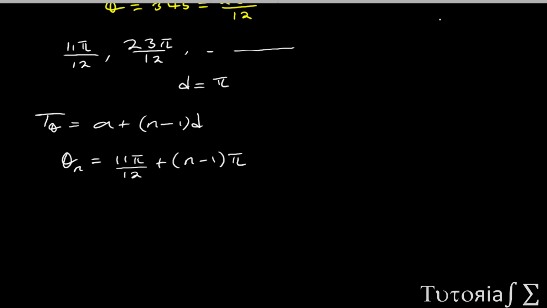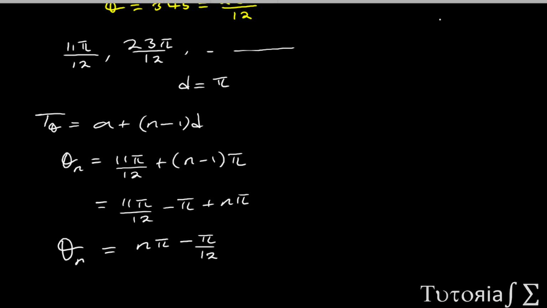If we simplify this, we're going to have 11 pi over 12 minus pi plus n pi, which will simplify to n pi, and when we subtract here, it will be negative pi over 12.